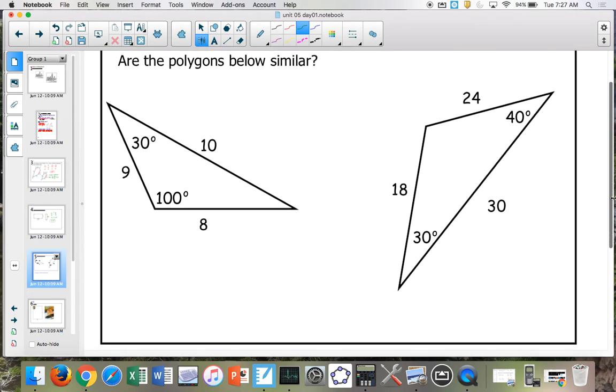Look at one more example. How about these polygons? Now the first thing you want to do before you start looking at the ratio of the sides is double check your angles. You can see the one on the left, we know 30 degrees and 100 degrees, so we can figure out the other angle.